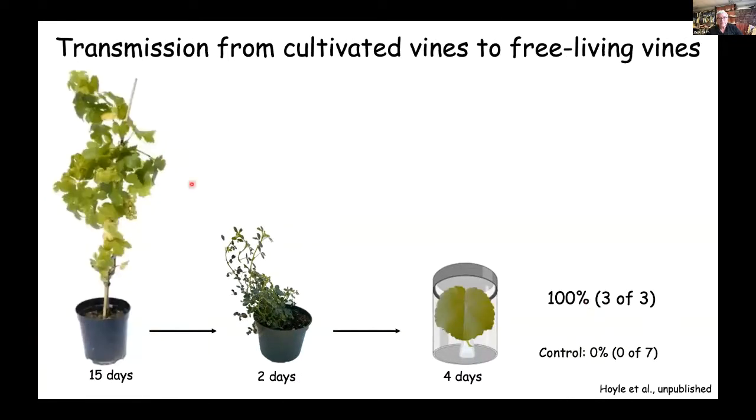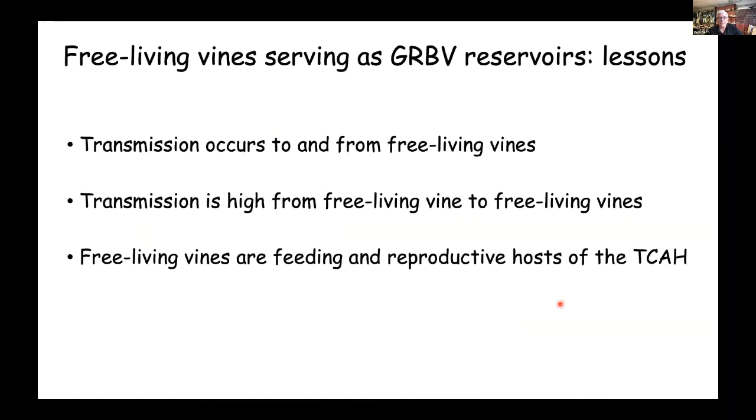And the transmission is similarly occurring from a wine grape to a free-living grape with, again, a higher efficiency. So what we have seen is transmission occurs to and from free-living vines. Transmission is very high from free-living to free-living vines.